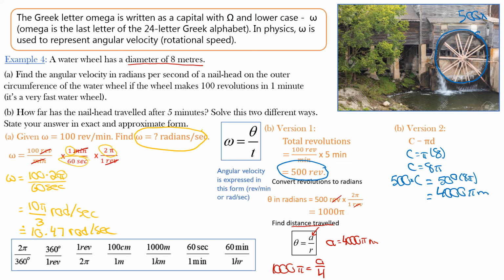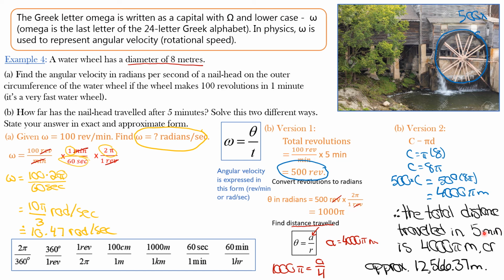So that's the same answer we got, maybe a little less complicated. I'm just going to put a sentence down for that. Therefore, the total distance traveled in 5 minutes is 4,000 pi meters, or approximately 12,566.37 meters. So that's the end of this problem.